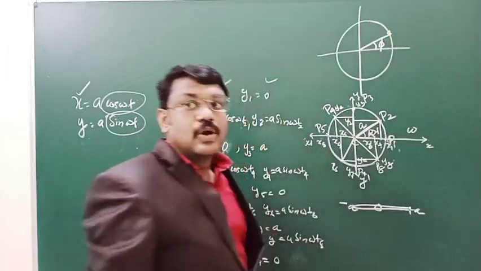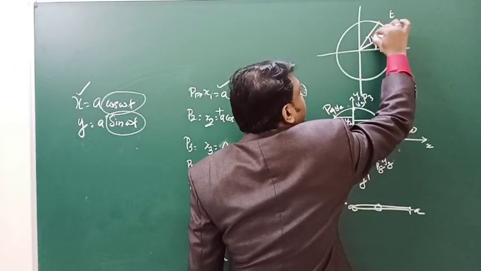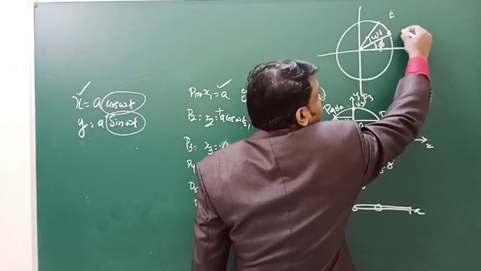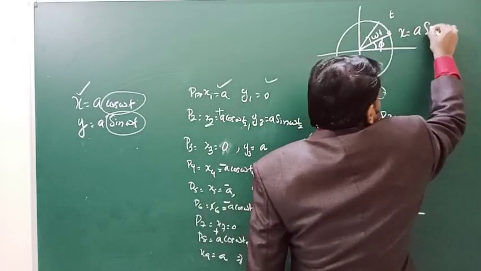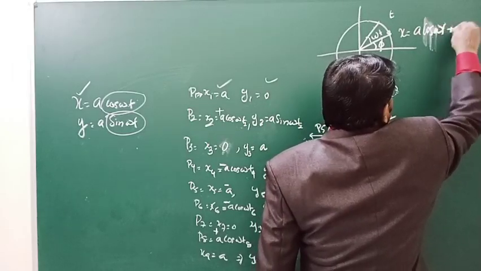At a time t, it moves through an angle omega t. So the displacement from the x direction will be x is equal to a cos(omega t plus phi).